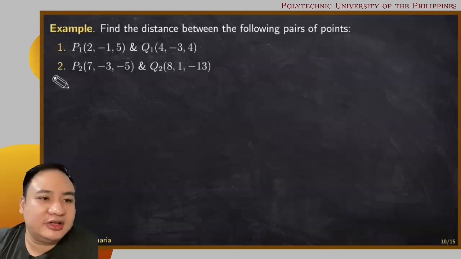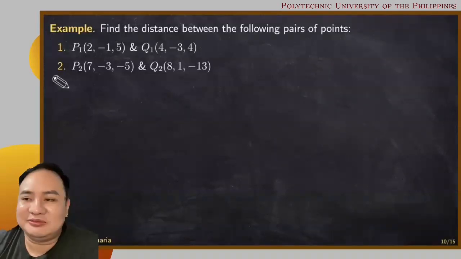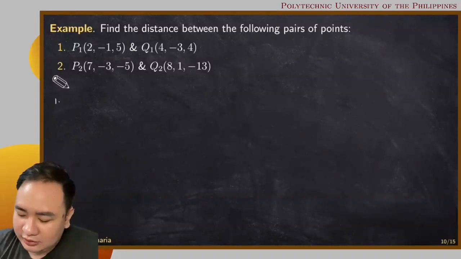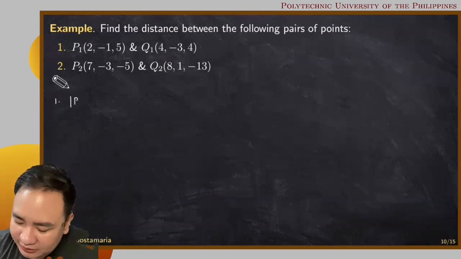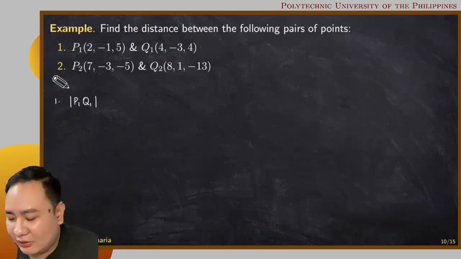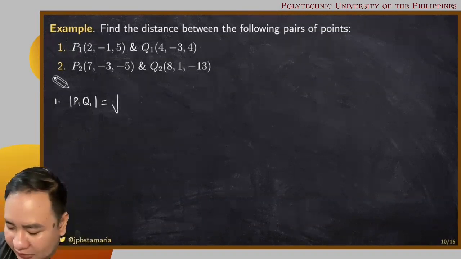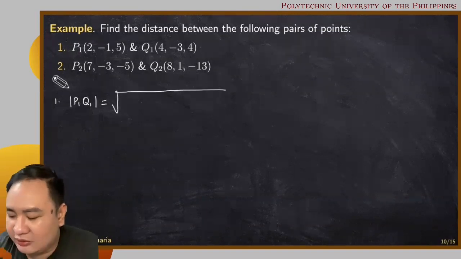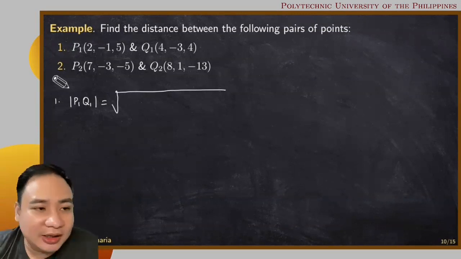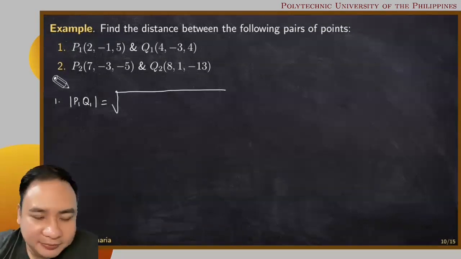Okay, so let's consider some examples. Let's say you're given the following pairs of points. Find the distance between them. For number 1, let's look at the distance between P1 and Q1. How is it done? Effortless. You simply take the square root. Prepare your long square root, because it will surely be long.